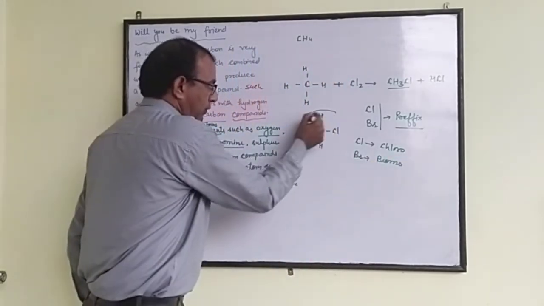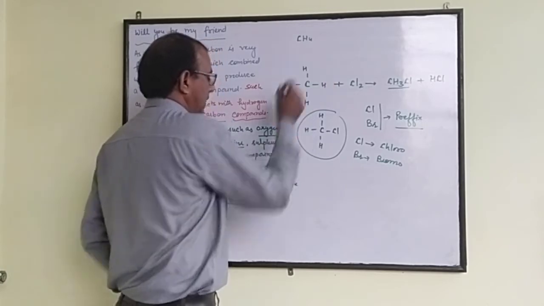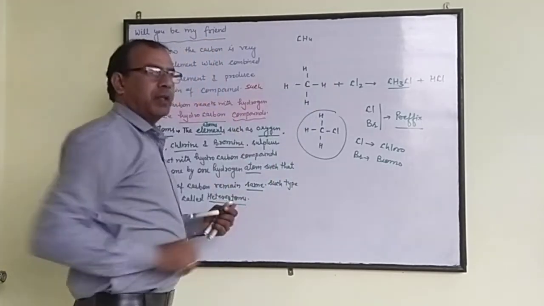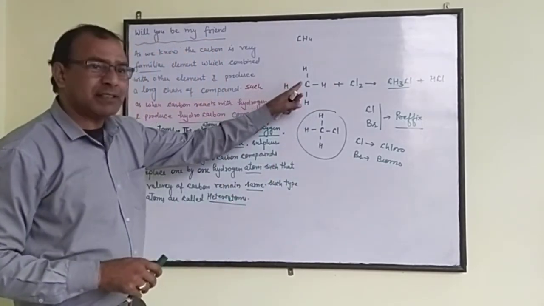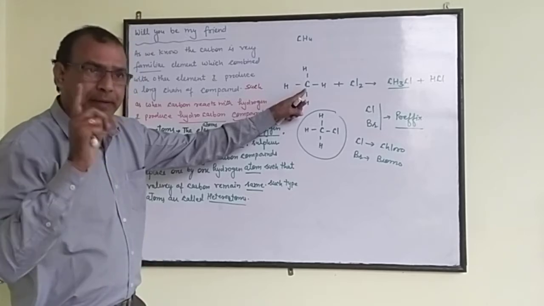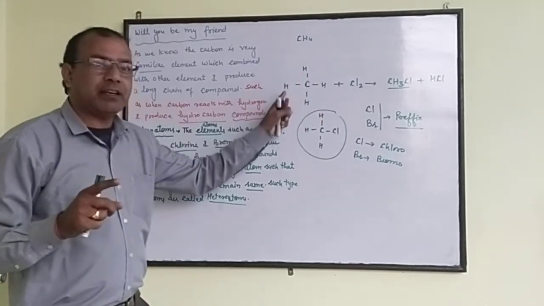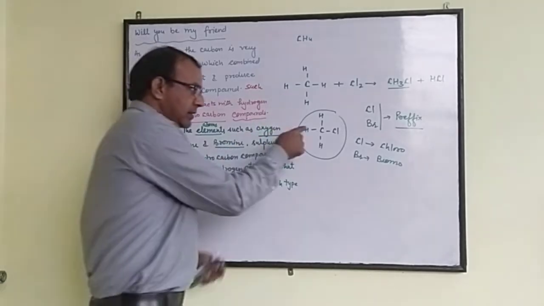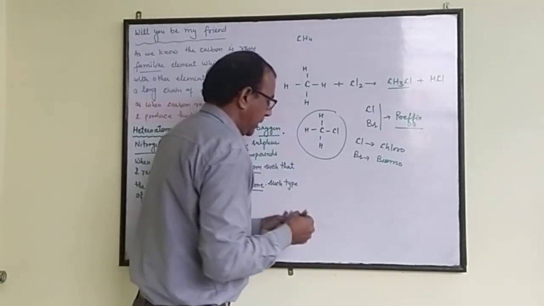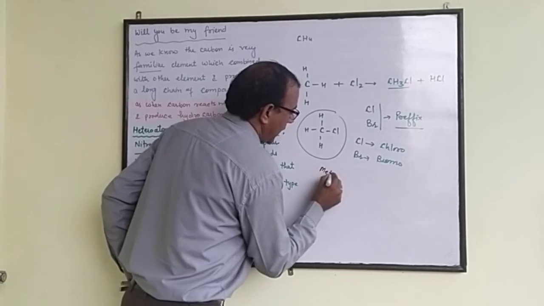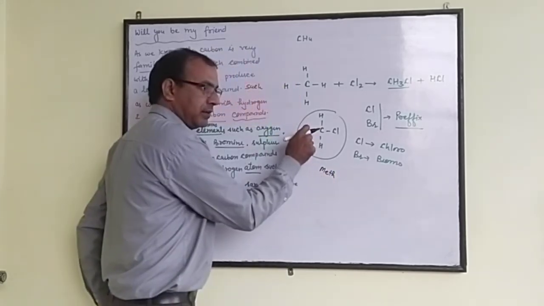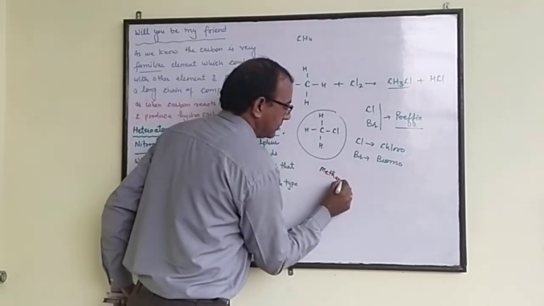So this is the chemical formula. We have seen CH4, methane. Why is it called methane? Carbon is one, so meth, and all are single bonded, alkane. So we say methane.